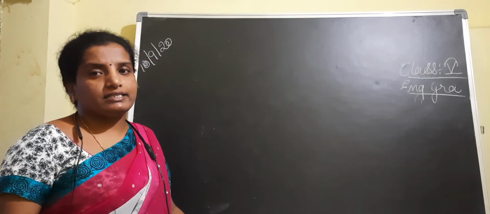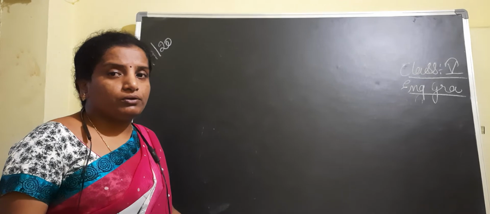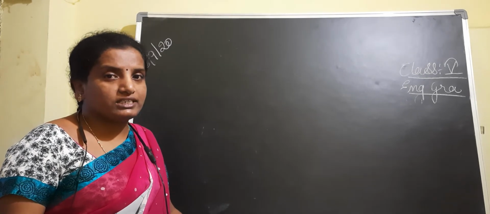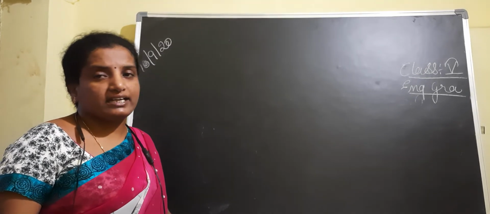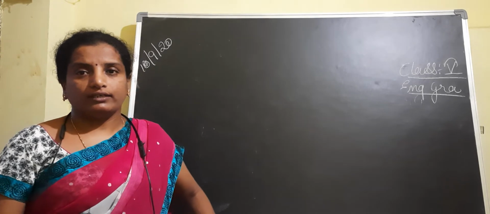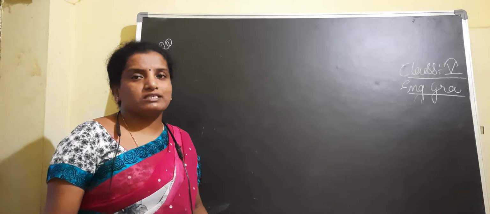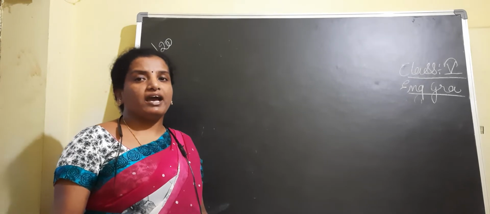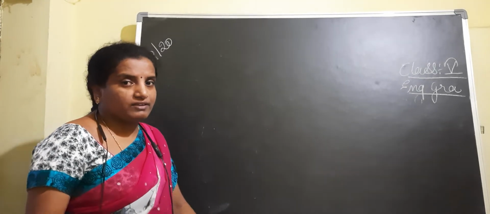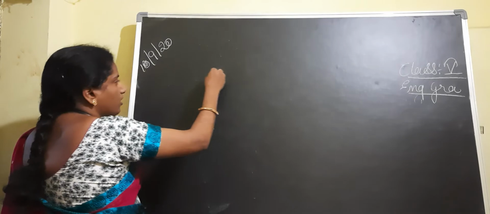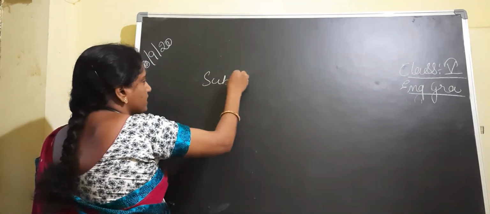Simple present tense is used to denote habitual actions as well as universal truth. The structure for simple present tense positive statements, children, we have learned: subject with V1, or V1 with s or es.